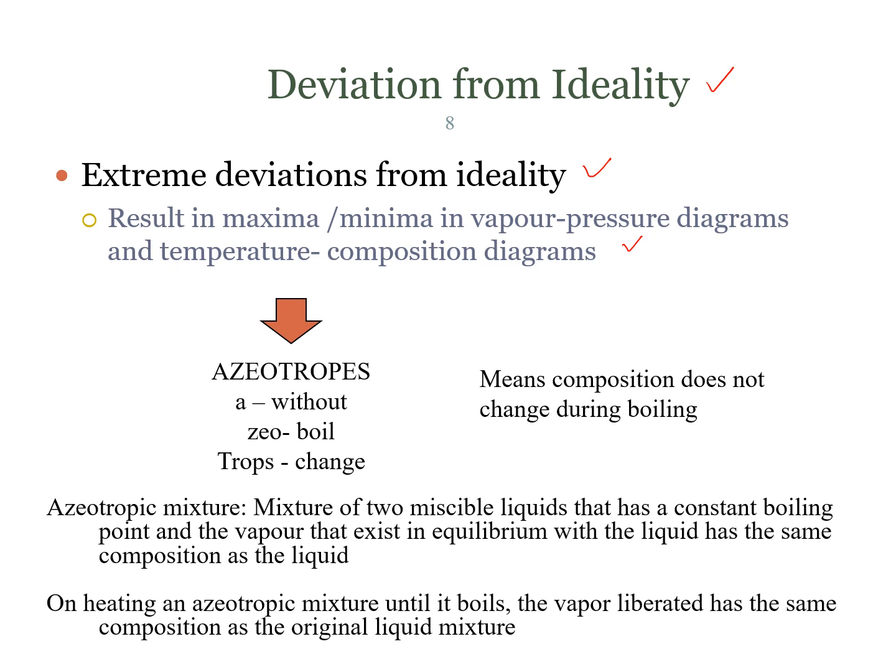So on heating an azeotropic mixture until it's boiled, the vapor liberated has the same composition as the original liquid mixture. So maksudnya the mixture of two or more liquid whose proportion cannot be altered or changed by simple distillation or cannot separated completely.